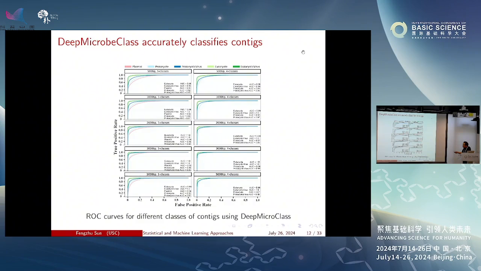Similarly for this one, it's from 0.92 to 0.94 to 0.95. So for 4-class classification, it becomes more accurate.